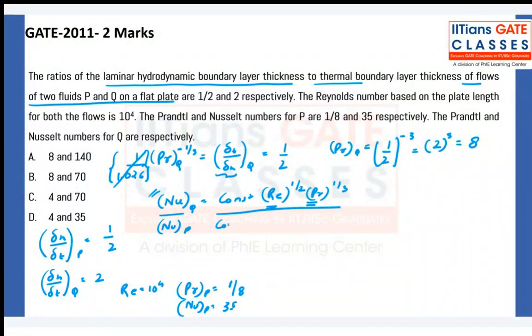Reynolds number of P to the 1 by 2, Prandtl number of P to the 1 by 3. Constant and constant will get cancelled. Nusselt number I know for P. Prandtl number I know for P. Reynolds number I know for P. Reynolds number for Q is also the same. Prandtl number for Q I have calculated. So I can calculate Nusselt number for Q. How much is it?